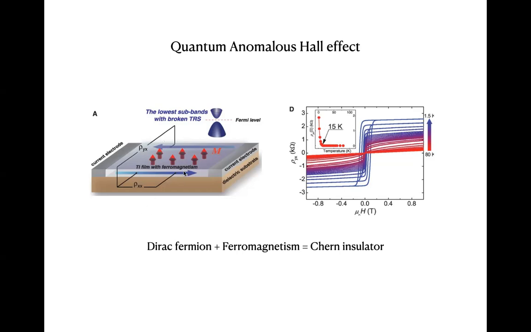So in this context, the conducting electron is a Dirac fermion due to the time reversal symmetry, and the magnetic sector is a rather simple ferromagnetism. When we put these two ingredients together, we obtain this non-trivial Chern insulator. Ferromagnetism is one of the simplest magnetic states.